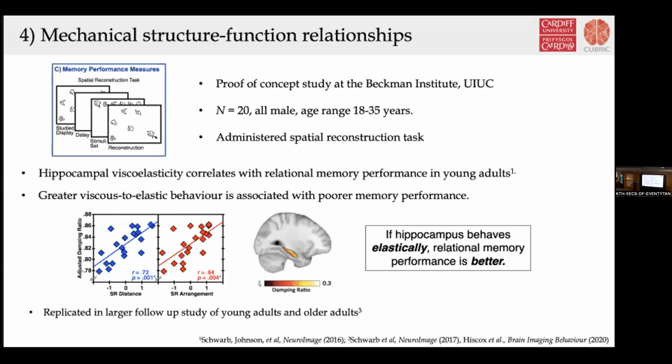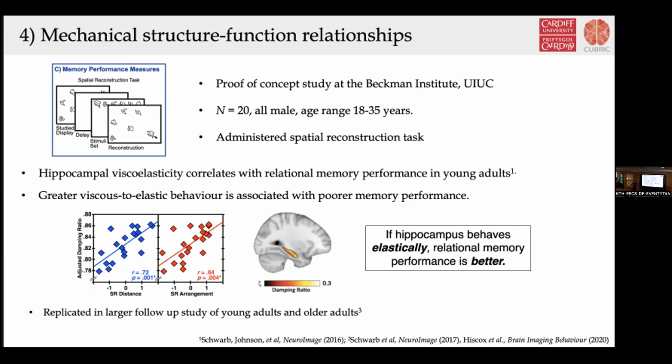And just to quickly touch on mechanical structure-function relationships, the first study relating viscoelasticity to cognition was performed by Hillary Schwab, a collaborator at the University of Illinois. It was initially a proof of concept study. They were administered a behavioral task, a spatial reconstruction task, which is a sensitive measure of relational memory.